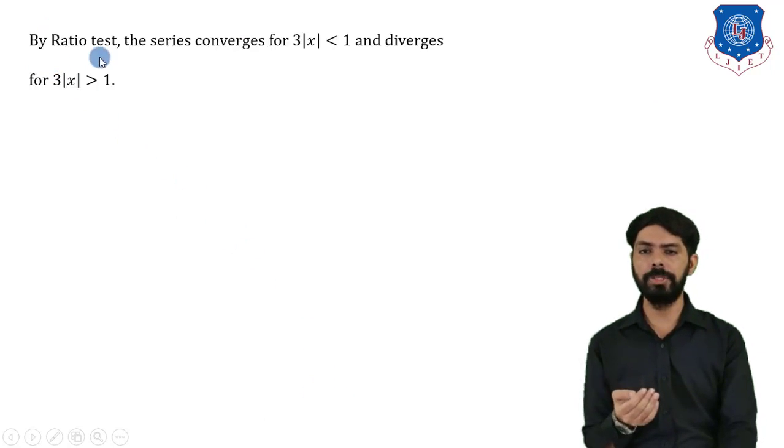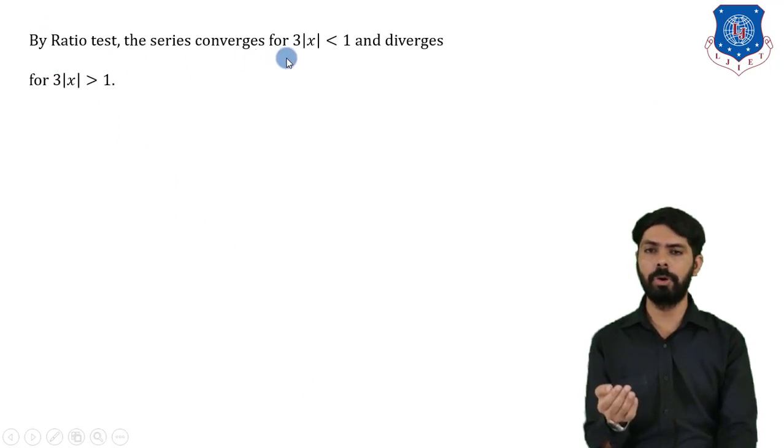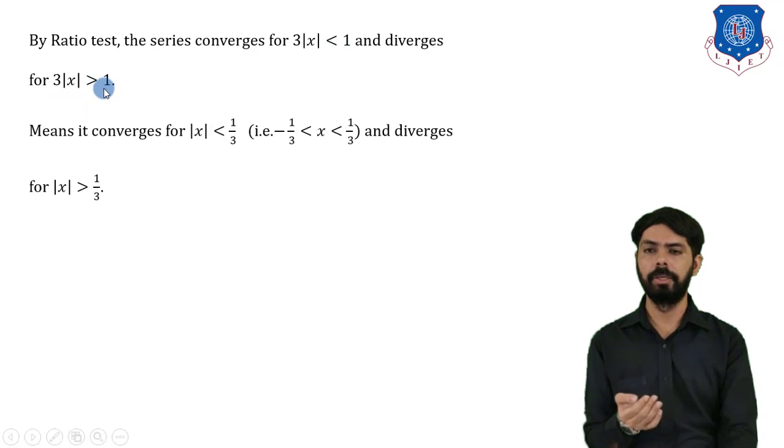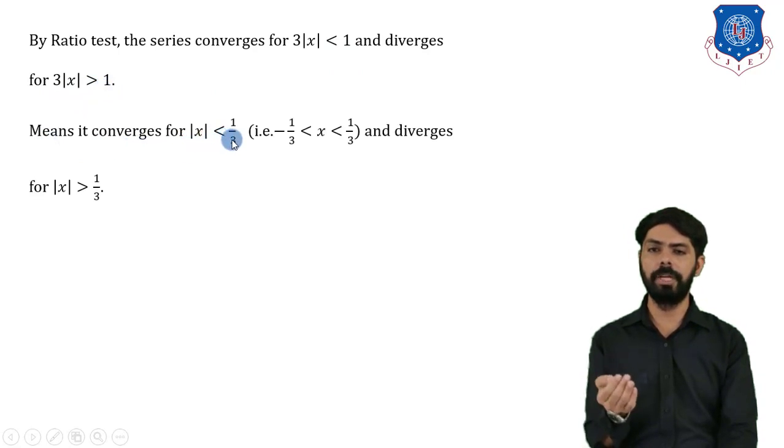Now by ratio test, the series converges for 3 mod x less than 1 and diverges for 3 mod x greater than 1. Means it converges for modulus x less than 1 divided by 3, that is -1/3 less than x less than 1/3, and diverges for modulus of x greater than 1/3.